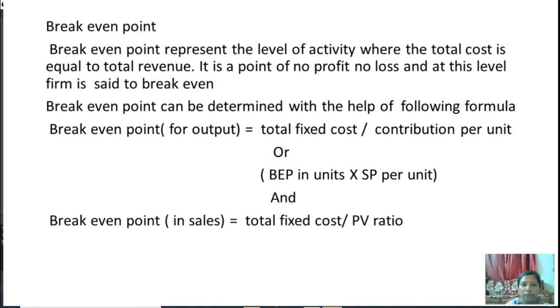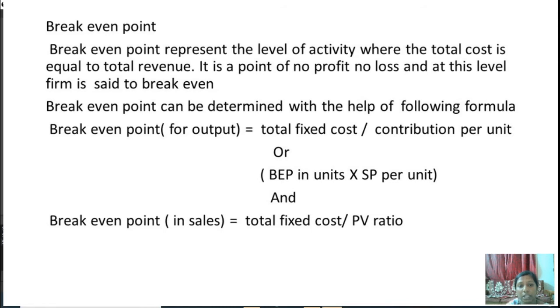The break-even point can be determined with the help of the following formulas. The first one, the break-even point for output. On the basis of output, we use the formula total fixed cost divided by contribution per unit, or BEP in units into SP per unit, meaning break-even point in units into selling price per unit.